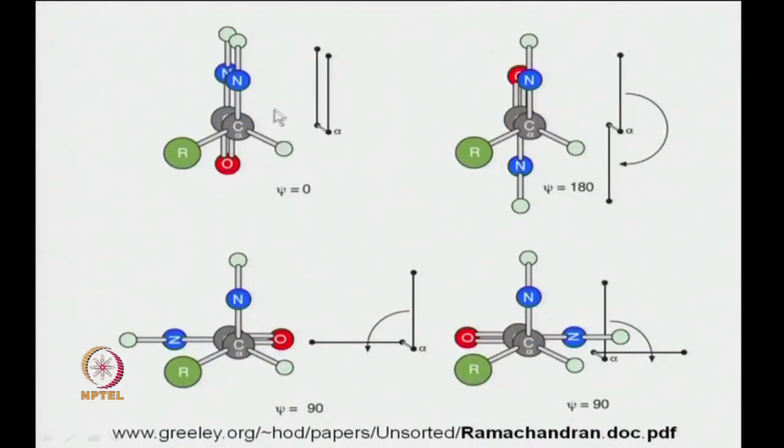Here again you see these stick or line representations. The first one is this C alpha N and the back one is this C N, right. Now, you are doing a positive flip. If you are doing a positive flip, remember this N at the back end has to be in a clockwise orientation with respect to your front end. This is exactly what I have done. You have rotated it like this. Okay. That is psi equal to 180.